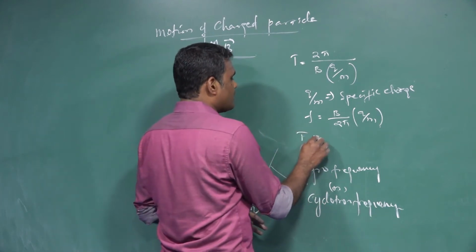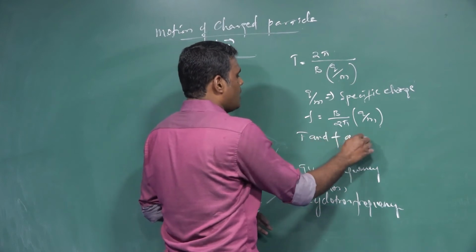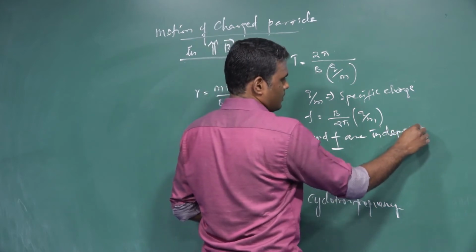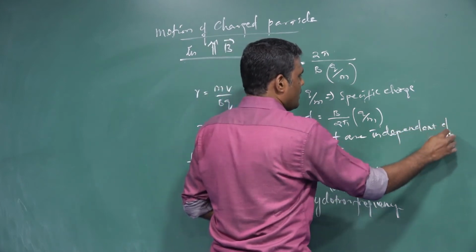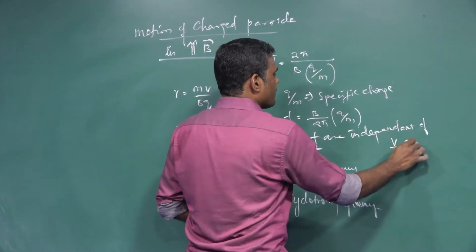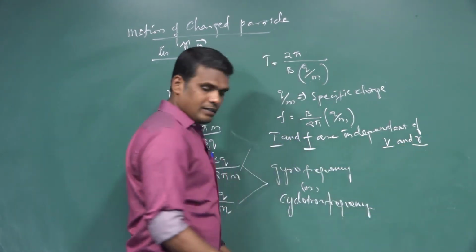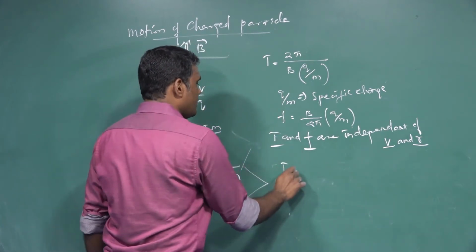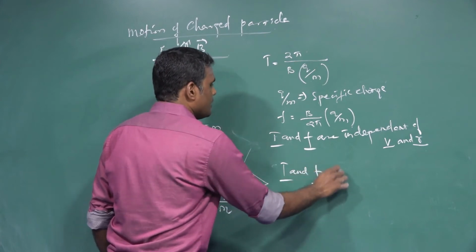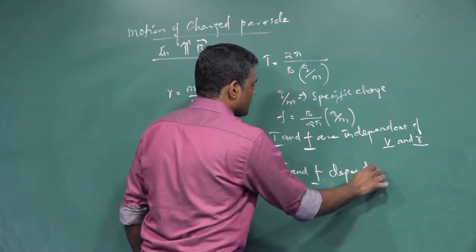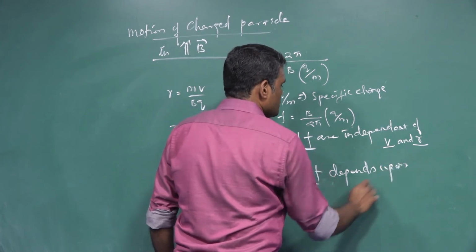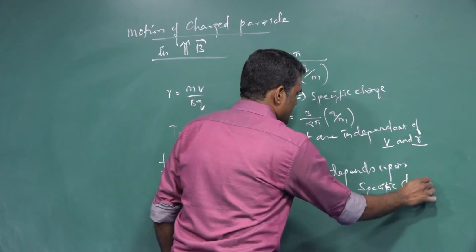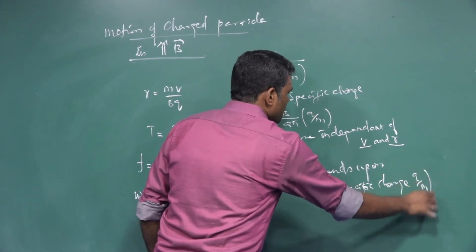T and f are independent of velocity and radius, and depend upon the specific charge q divided by m.